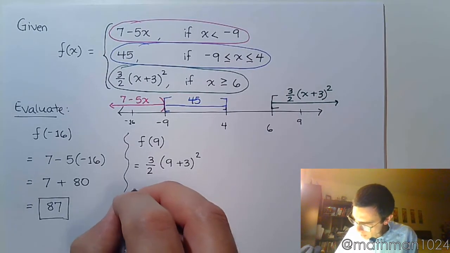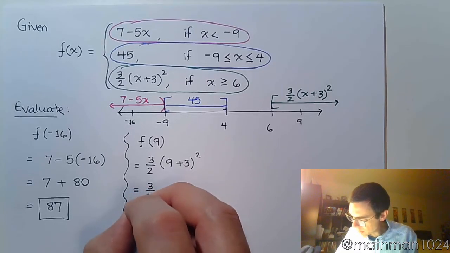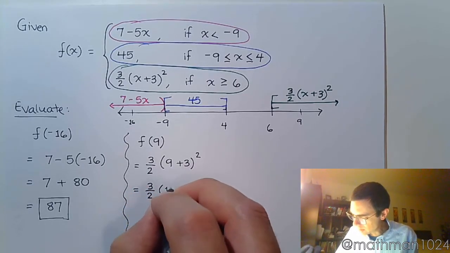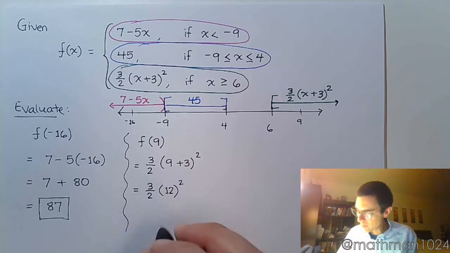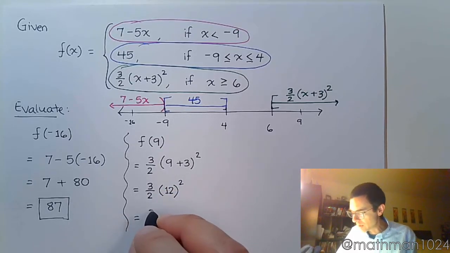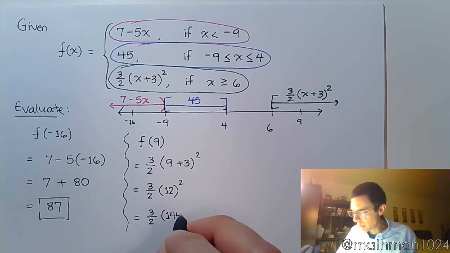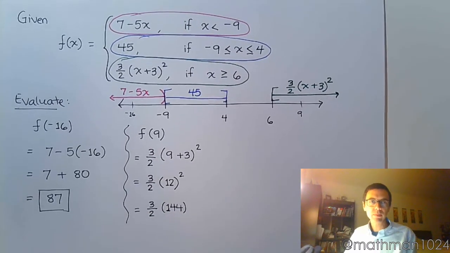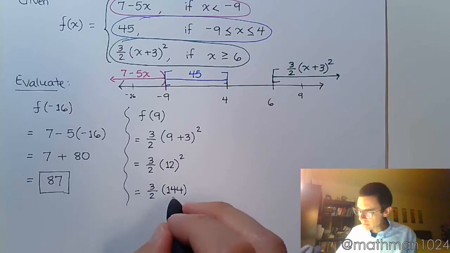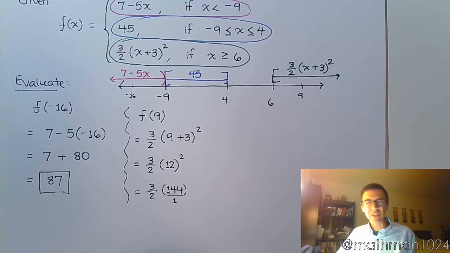Now we just have to do our order of operations. So parentheses first, 9 plus 3 is 12. And then I have to do powers, so I've got to do the 12 squared. That's 144. Let's make this over 1, see if we can simplify things a little bit.